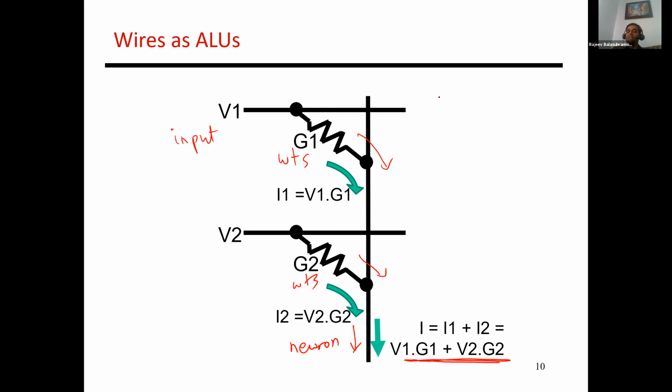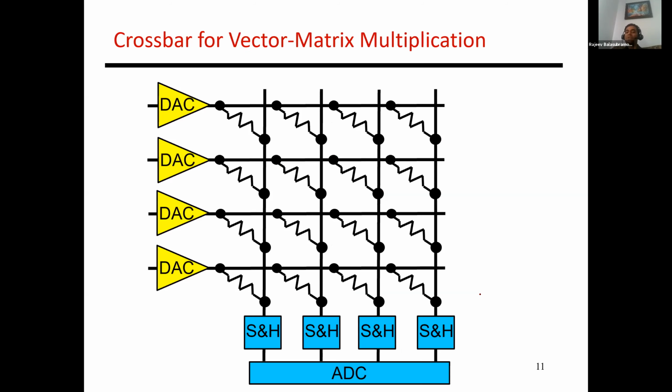Similarly, I can have a second column over here, which receives those same inputs but has different weights, G1 prime, G2 prime. This is the output of a second neuron. And so you can do a number of these operations in parallel, right? Scaled up, this is what it would look like, where you have the inputs, which may be digital, and those digital inputs have to be converted into analog voltages.